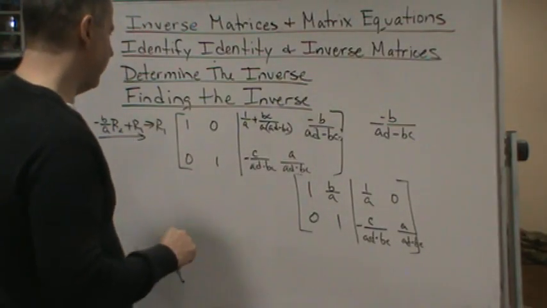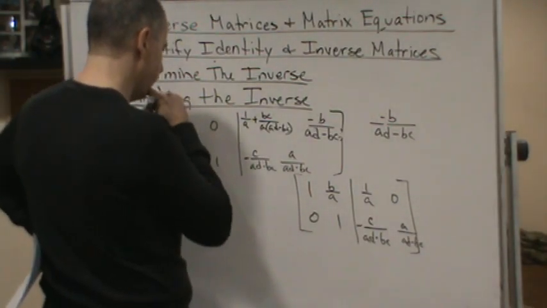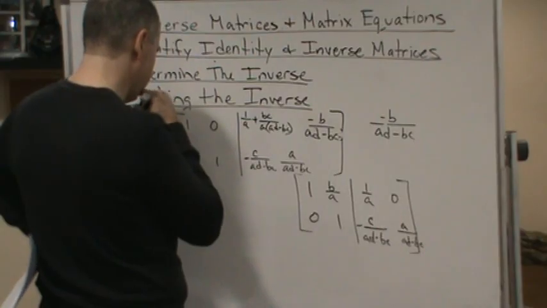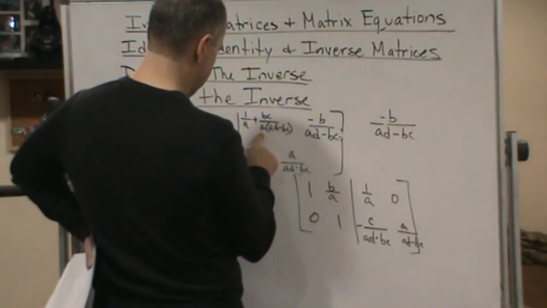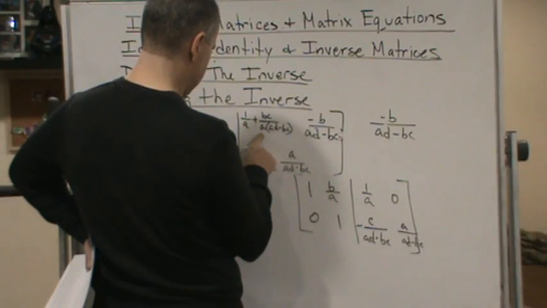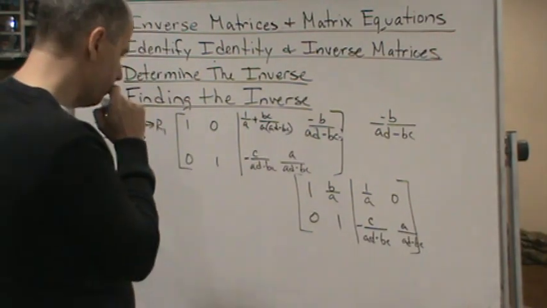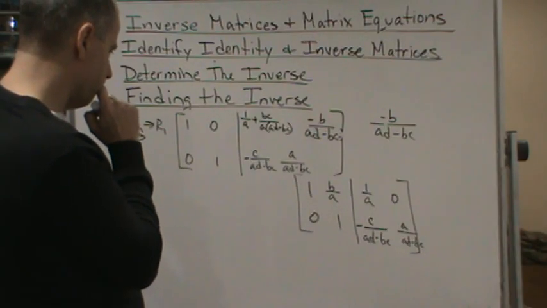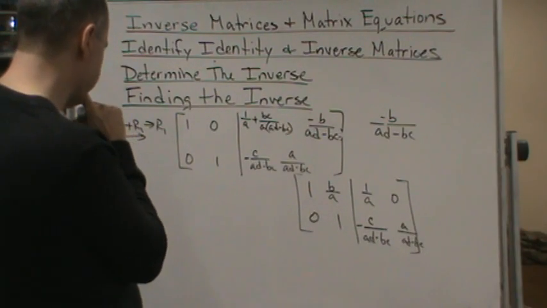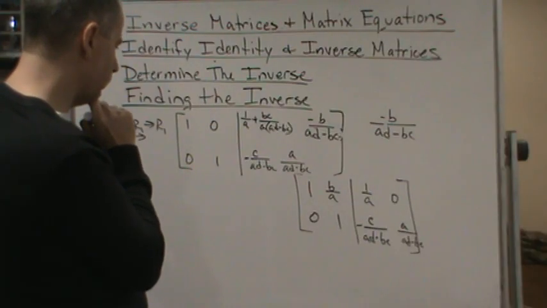Okay, now what about this one here? Negative B over A.